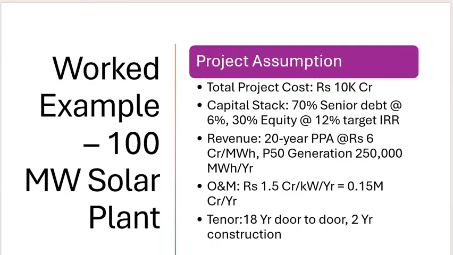The capital stack is 70% senior debt and 30% equity, with a 12% internal rate of return. The revenue for that project is a 20-year power purchase agreement, with 250,000 megawatt energy generated per year. This is a huge amount, guys, that will be generated from the solar plant.